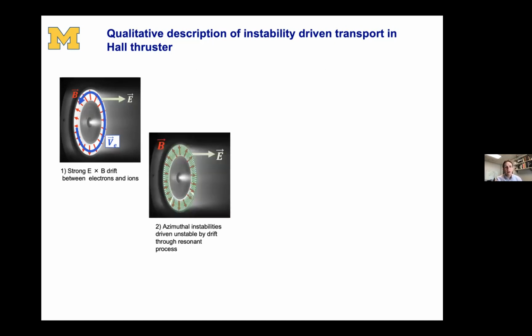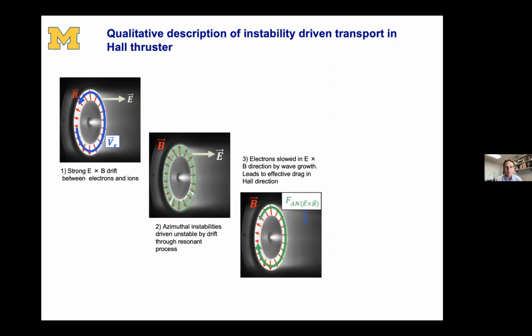In turn, that energy present in the drift can lead through collisionless processes to the onset of instabilities through resonance coupling, for example, or even, in the unmagnetized limit, inverse Landau damping. And in turn, that can lead to momentum and energy propagating in the same direction as the Hall effect drift. That's what's shown here qualitatively as these green oscillations or perturbations in plasma density and potential.